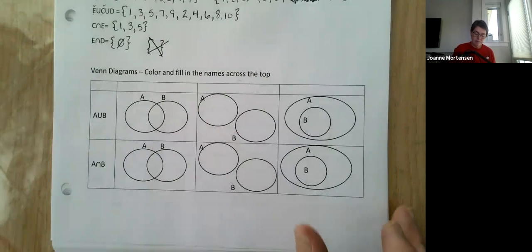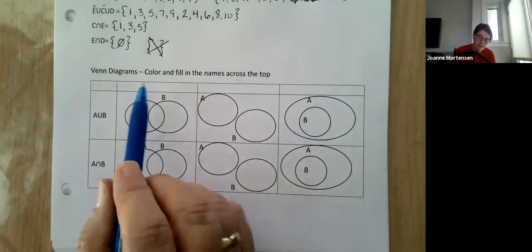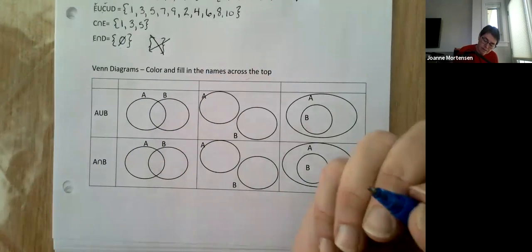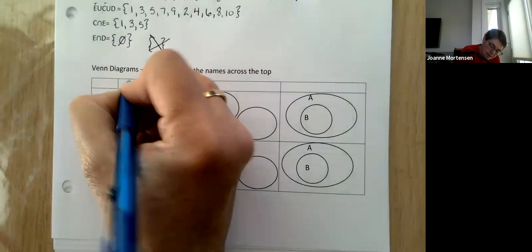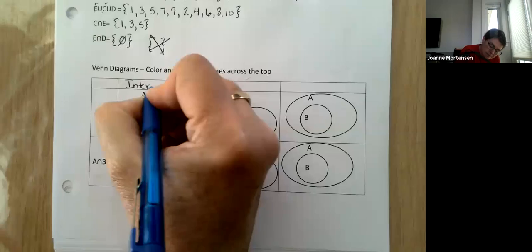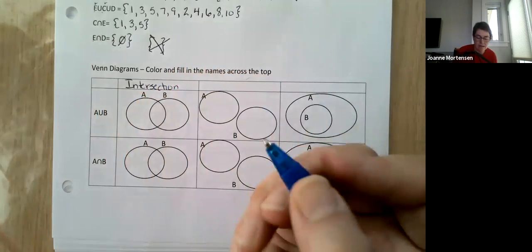Last little bit here. Back to our Venn diagrams. Okay, it says color and fill in the names across the top. So, intersection. Oh, I guess I could have said overlapping.